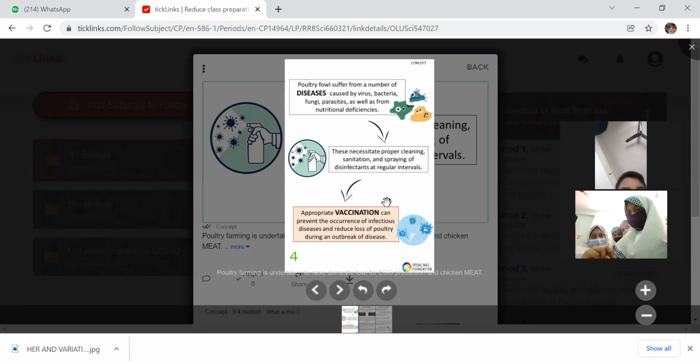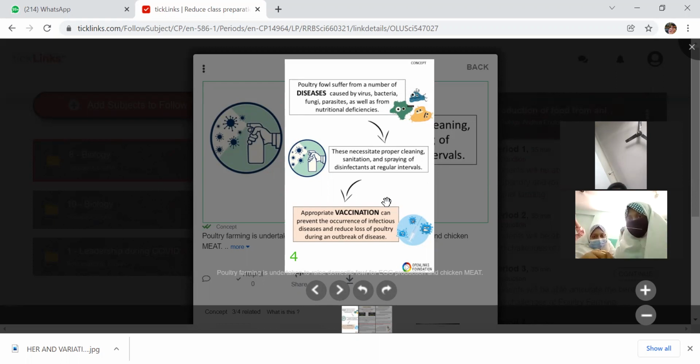Ali, can you read about the necessary steps? Proper cleaning, sanitation, and spraying of disinfectants regularly. So there is a need to maintain hygienic conditions. And how are we maintaining these? By spraying disinfectants at regular times, as well as sanitation.